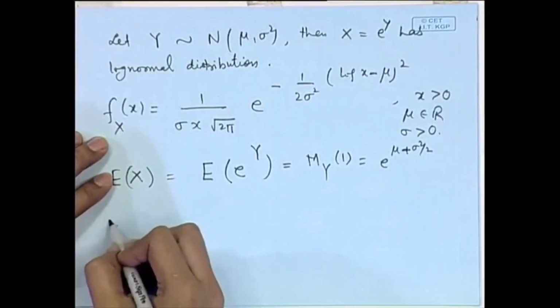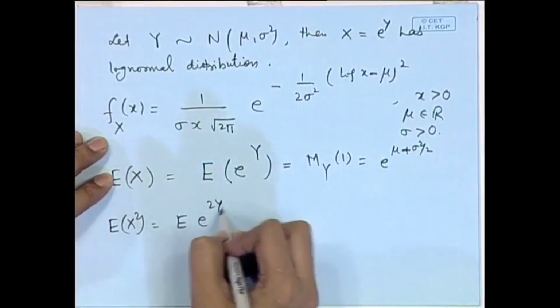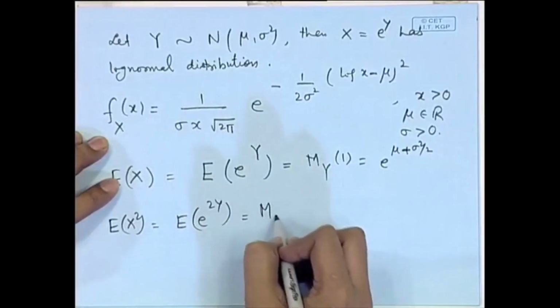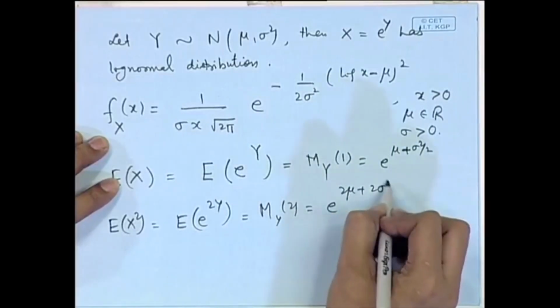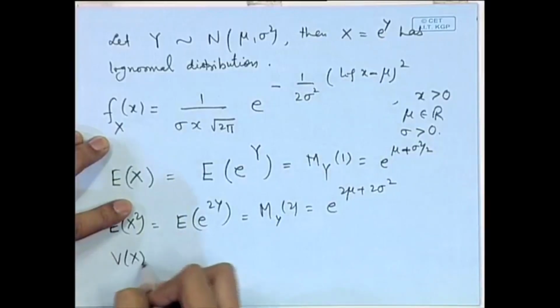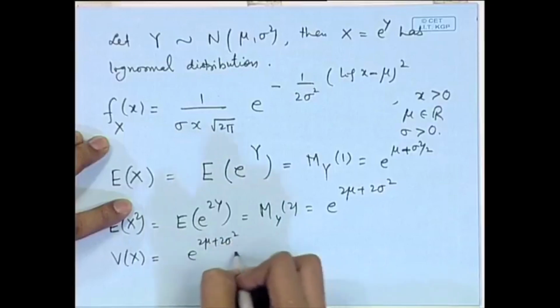If we consider the second moment, it is equal to the expectation of e to the power 2Y, that is M_Y(2). That means the variance of X is equal to e to the power 2 mu plus 2 sigma square minus the square of the mean.